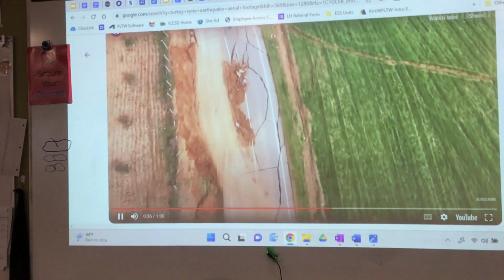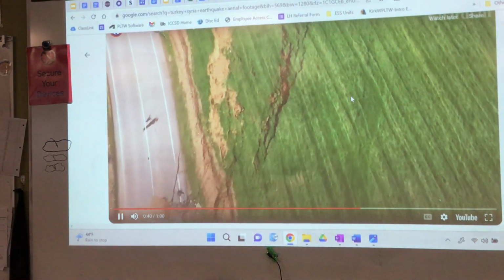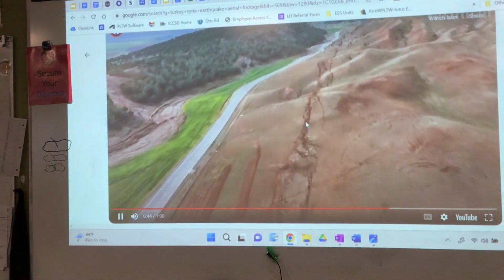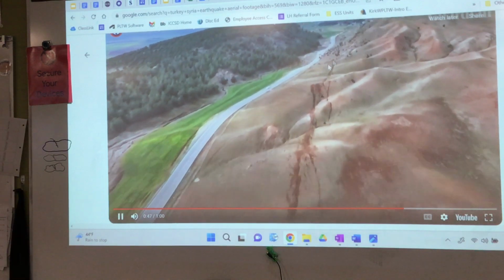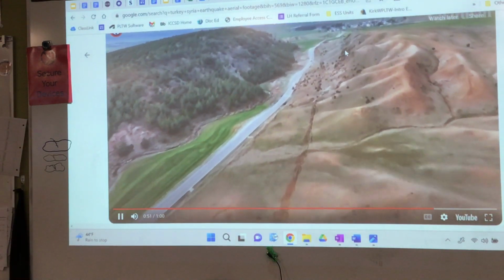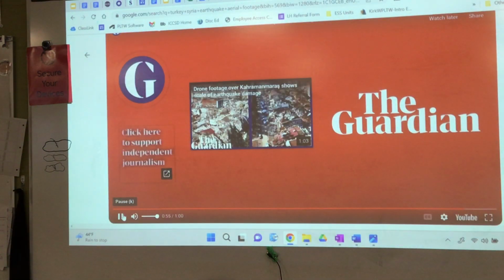Well, look, they had to make bypasses and stuff. Just amazing. Such a strong earthquake. These poor people, devastated. Yeah, anyway, terrible.